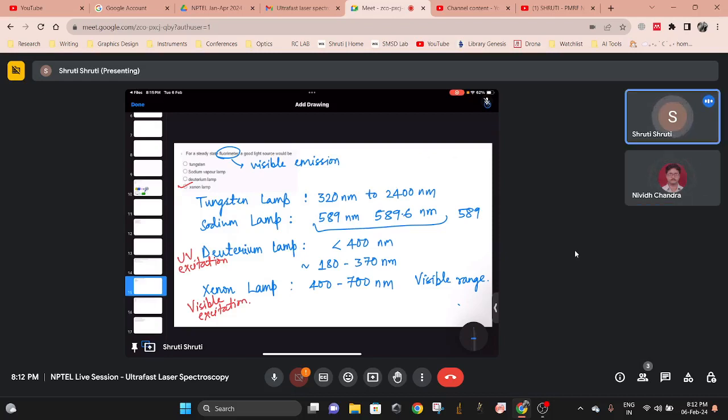No, we can have two lamps, depending upon the company the fluorimeter is from. If you want UV excitation, you will have to have a deuterium lamp. The fluorimeter which we have in our department has two lamps.